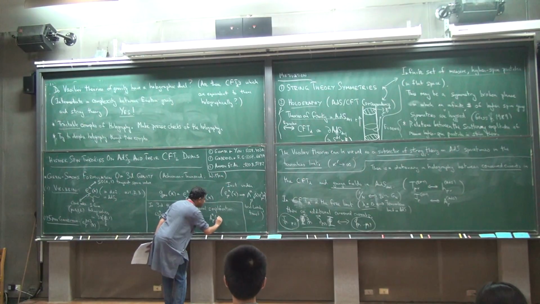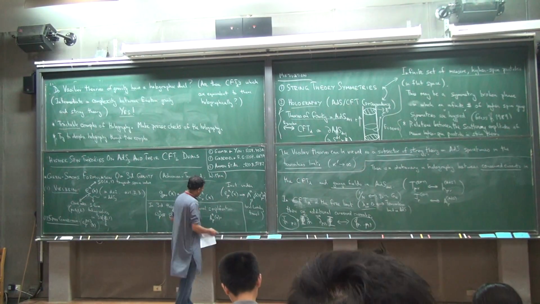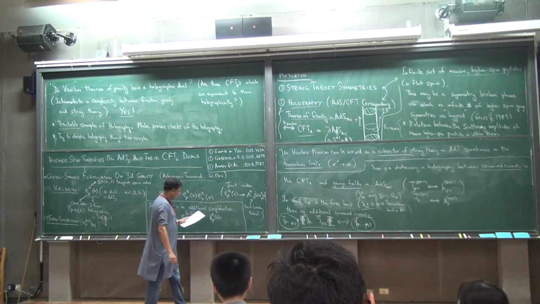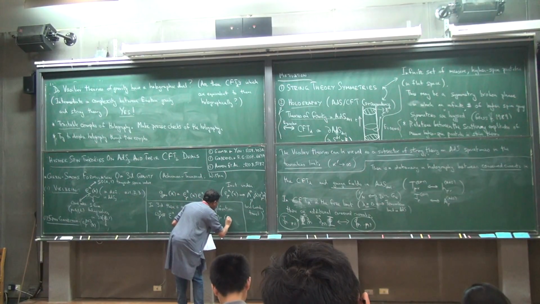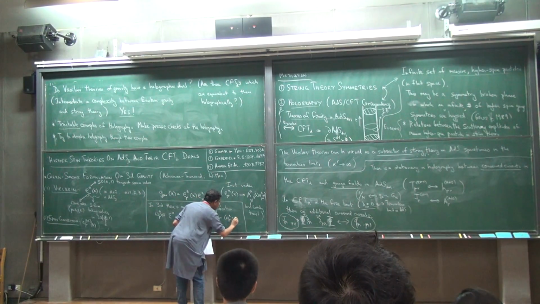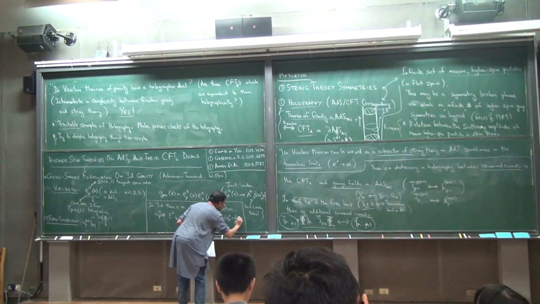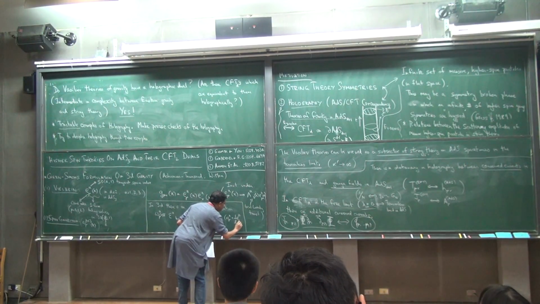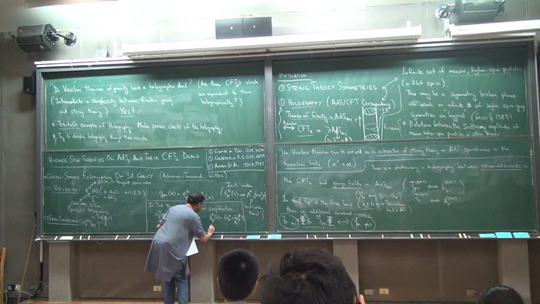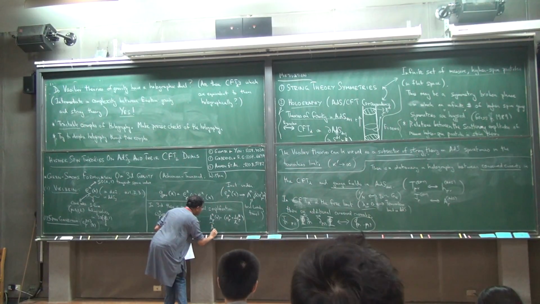omega a mu, which is omega mu a plus e mu a, and a mu tilde.